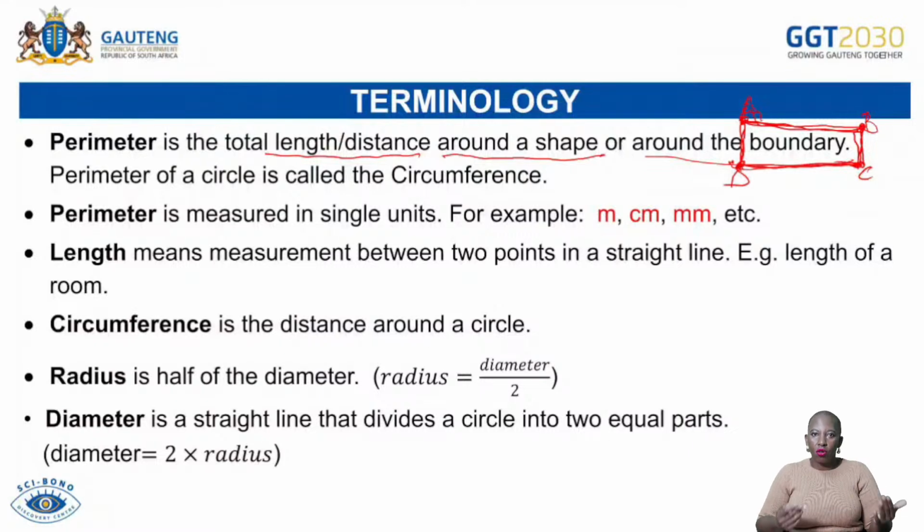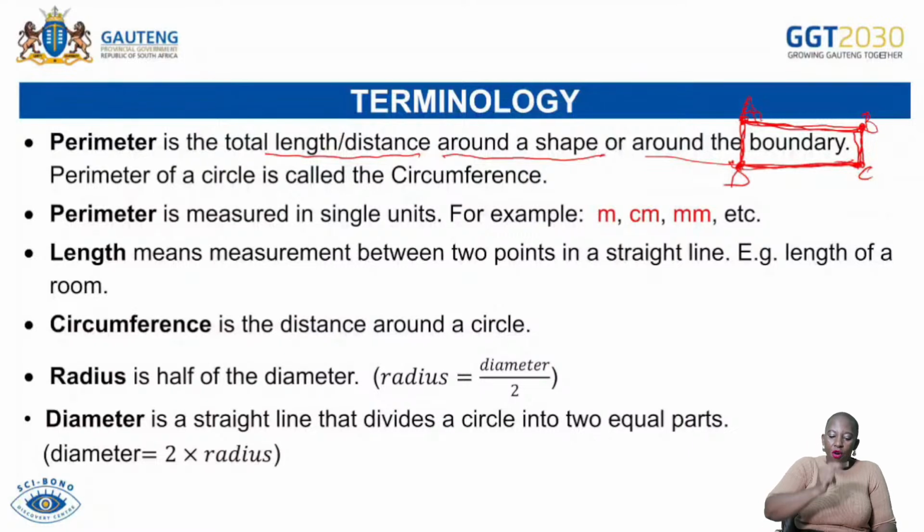Like if you have a look around your classroom, you will see that your classroom has got how many sides? It has got 4 sides. If you want to put a ribbon to decorate your classroom, you'll start hanging from one end of the class and then move straight to the other end, and then move again from one end to the other. So you'll be running the tape around what?